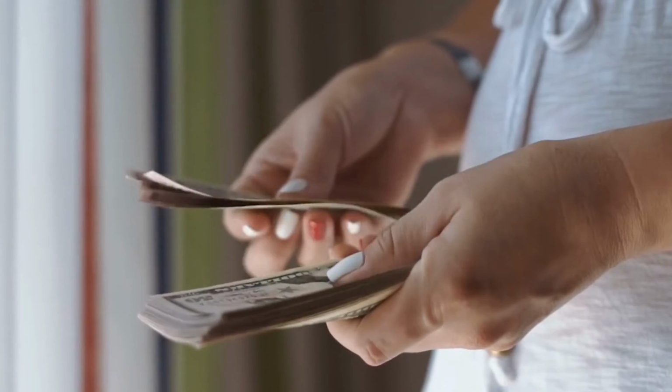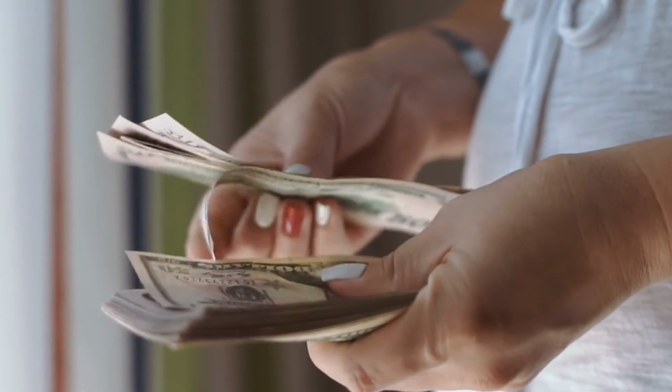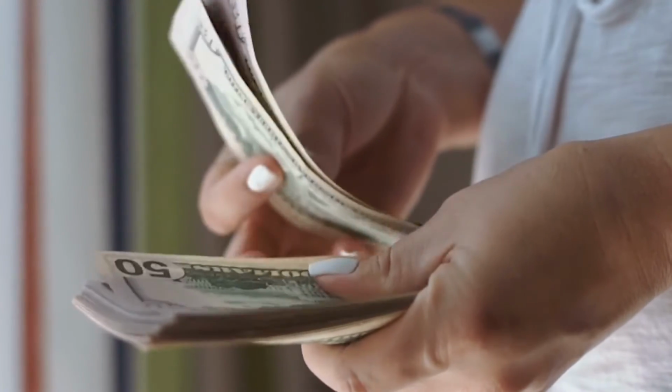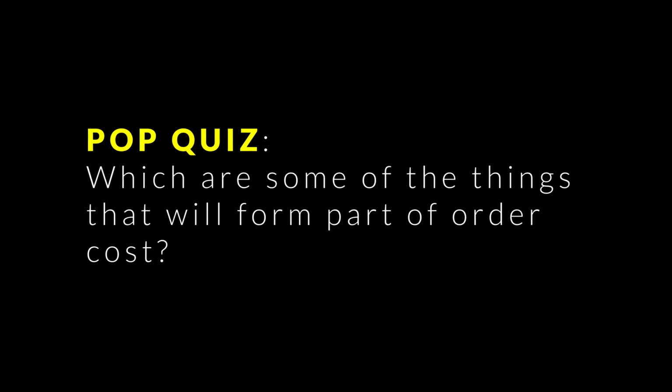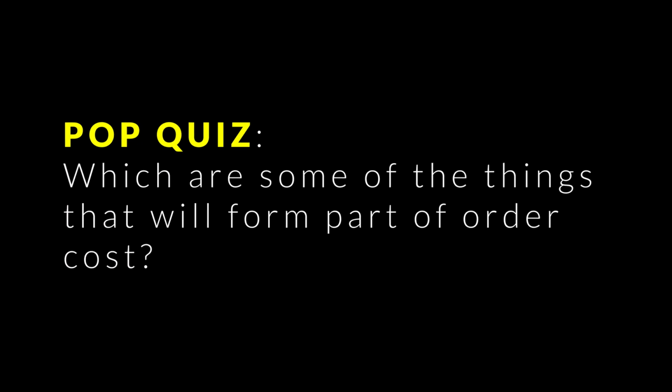Now, let's start with the first one, acquisition cost. You have to understand that the price of something is not the same as the actual cost of acquiring that thing. So the acquisition cost is more than just the price. Price is part of the cost of acquisition. That's the whole idea. What are some of the things that will form part of order cost?